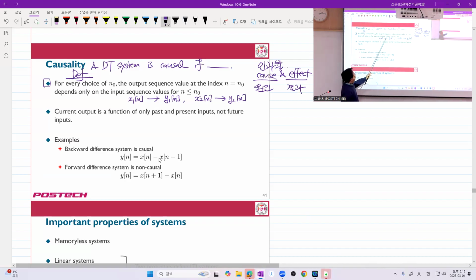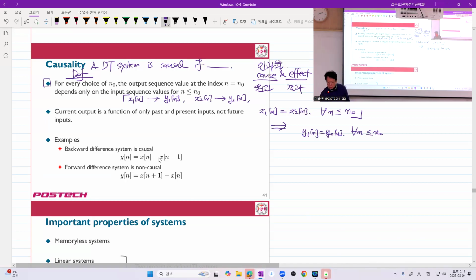Suppose x1 of n equals x2 of n for all n less than or equal to some n0. This must imply y1 of n equals y2 of n for all n less than or equal to n0. Got it?